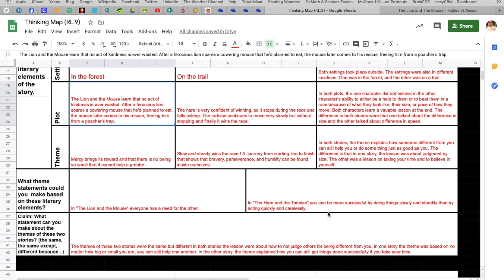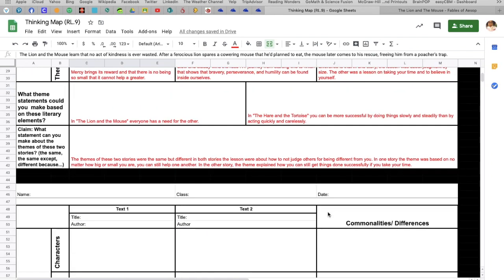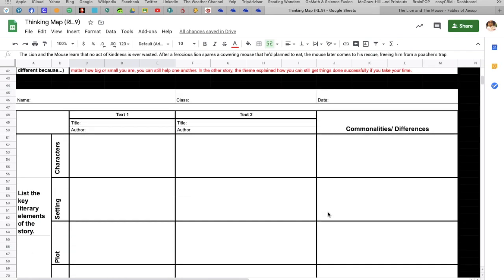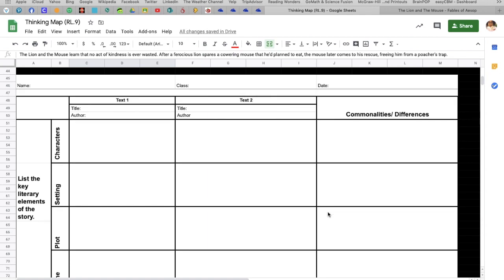So that is what you're doing this week. If you scroll down, it will be your turn to write your 2 stories that you have read and fill in the story elements, what they have in common and what they have different. Compare and contrast.